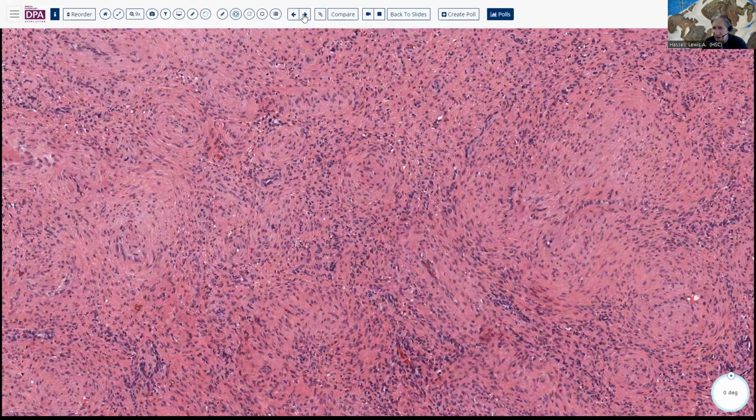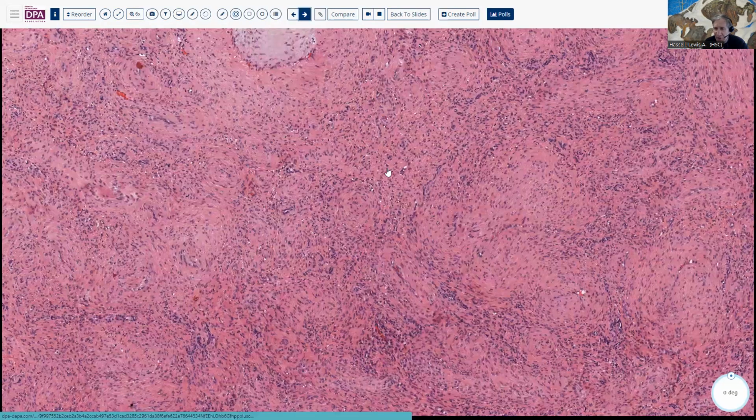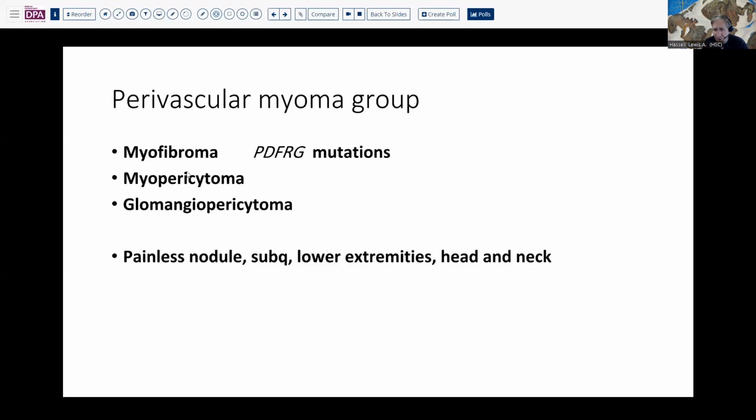Now, this lesion is in a spectrum of disorders that includes the myofibroma, which has a more fibromatous type of pattern, the pericytic lesion, the myopericytoma that we've described here, and something with a little bit more glomangial type of proliferation, glomangiopericytoma.